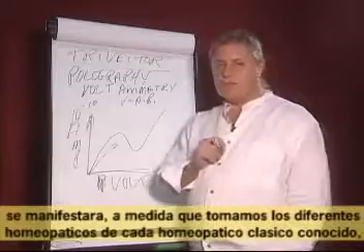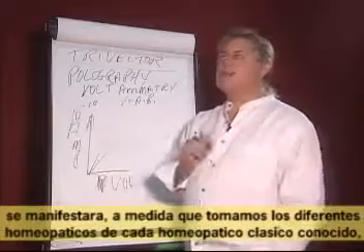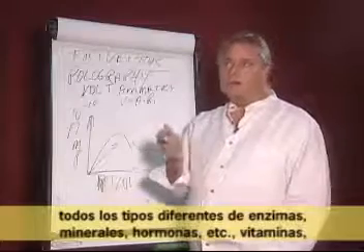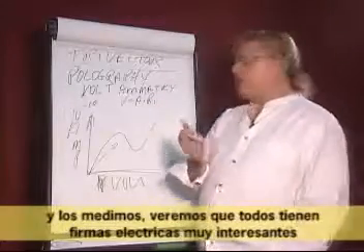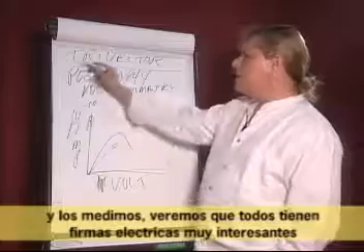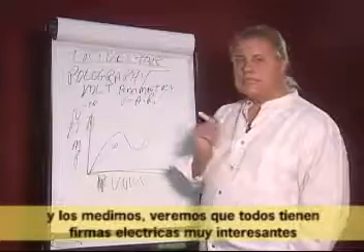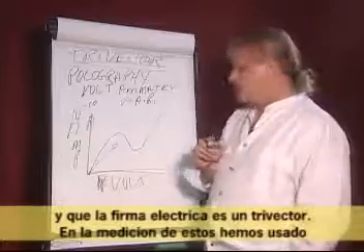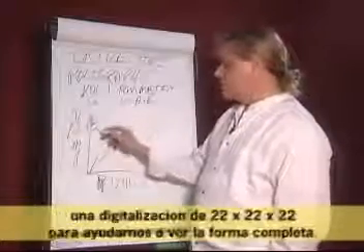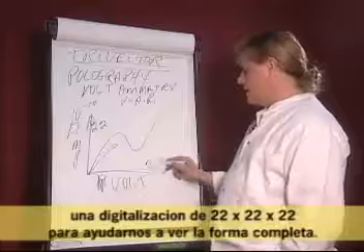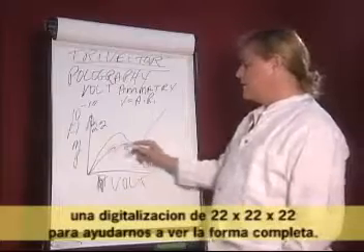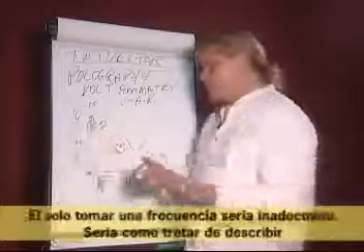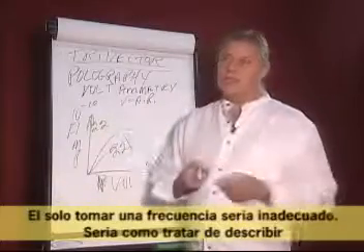As we take the different homeopathics, every known classical homeopathic, all different types of enzymes, minerals, hormones, vitamins, and we measure them, we can see that they all have very interesting electrical signatures, and the electrical signature is a trivector. As we measure this, we've used a 22 by 22 by 22 digitization to help us see the total shape. To just take one frequency would be inadequate.